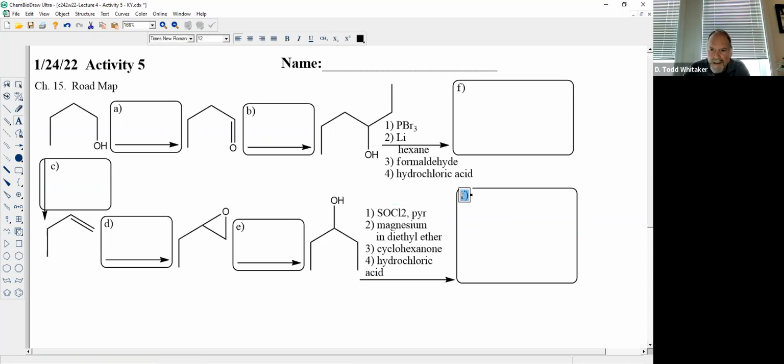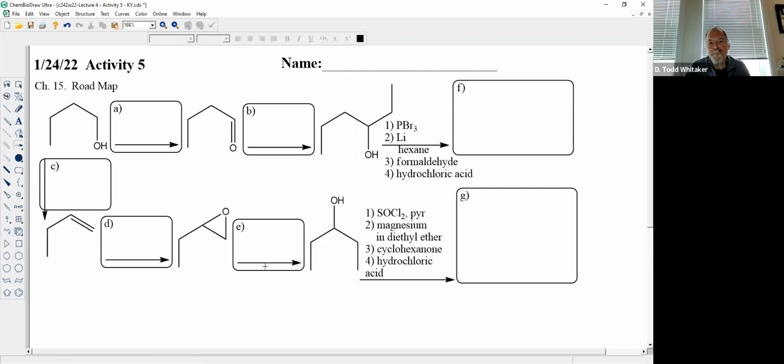Almost over. And then the new thing I promised. Oh, got formula here. Nice. See, we did the bromide. We did the SOCl2. Pick one of them.